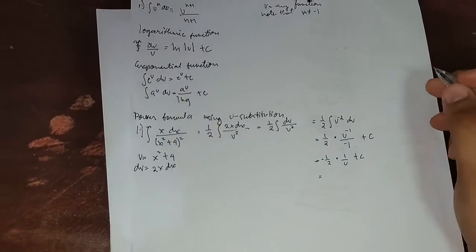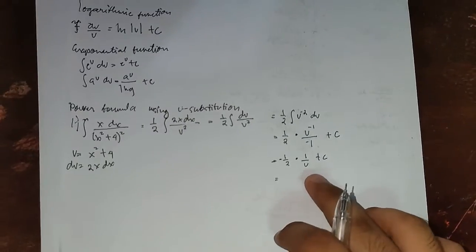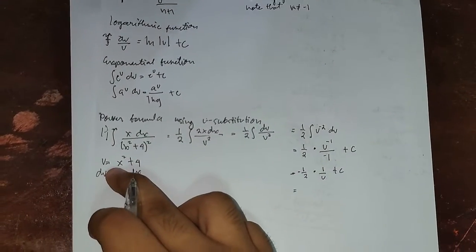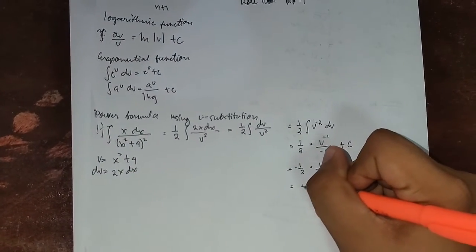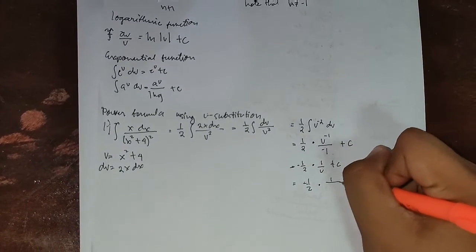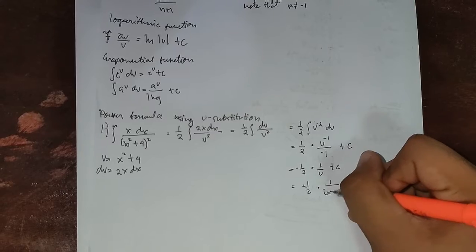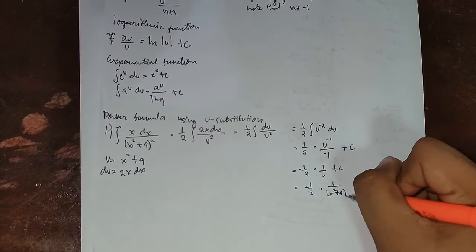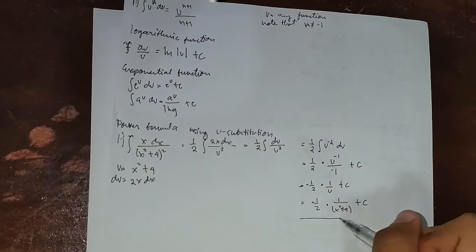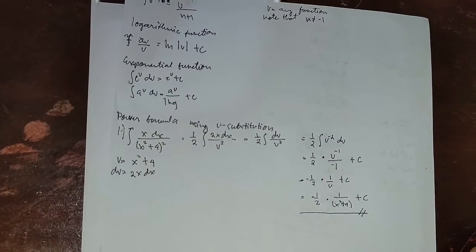Now in the final answer, we just substitute our u, x squared plus 4, so it becomes negative 1/2 times 1 over x squared plus 4, plus c. And that is our final answer.